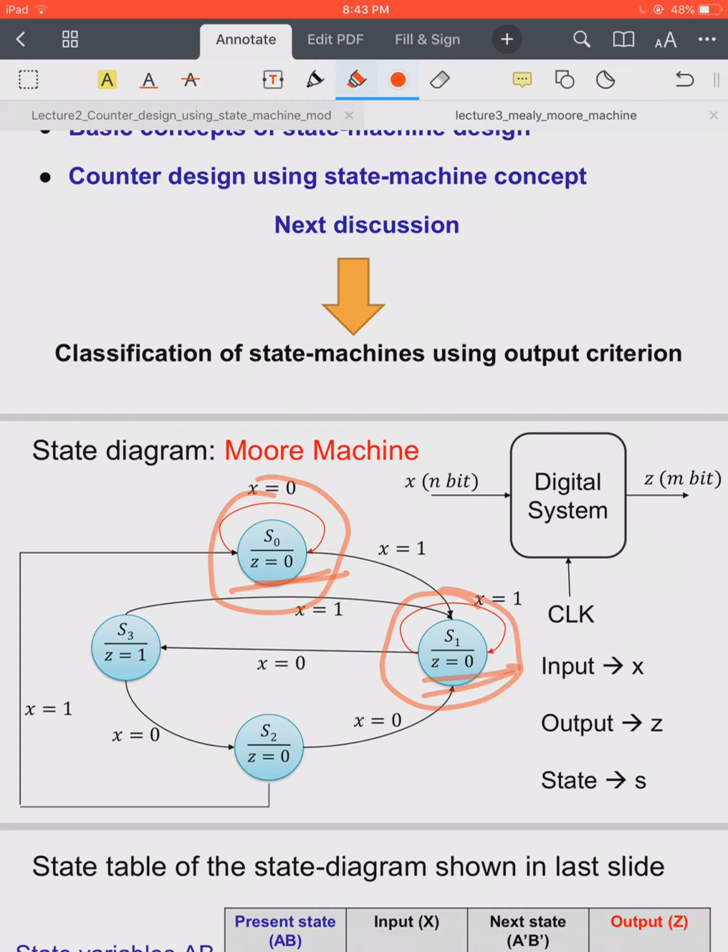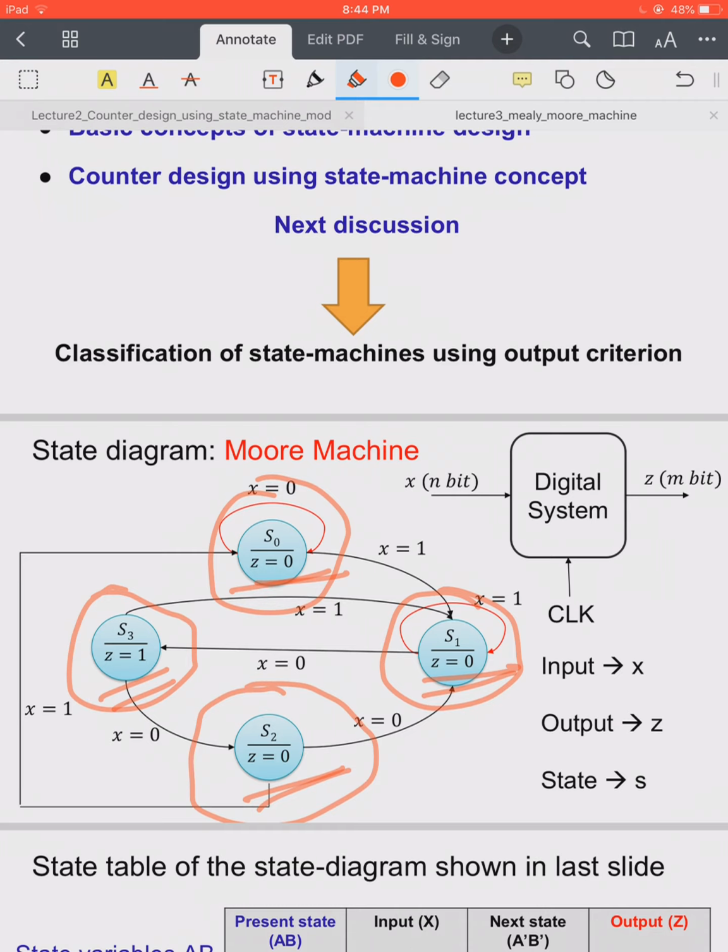When it is in S2, its output is also 0. When it is in S3, its output is 1. So the circuit gives an output equal to logic 1 only when it resides in the S3 state. So it does not depend on the external input, it only depends on which state the circuit is residing in.